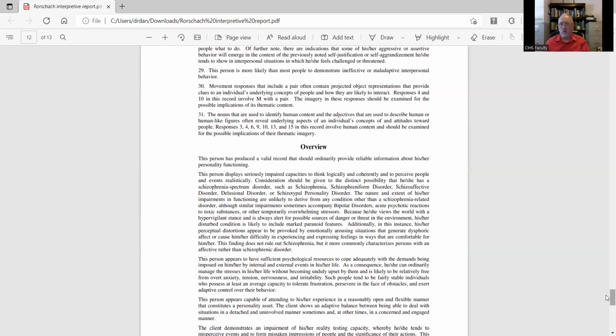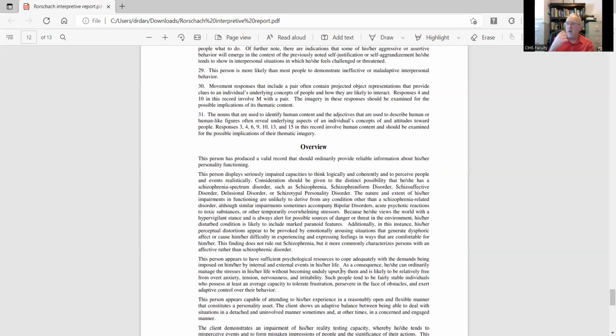I mean, it's true of some people with severe schizophrenia, but very often somebody could have a type of psychotic disorder, but still be able to function in a way that they can come across as flexible, even reasonable in terms of processing new information, but their own beliefs are rather bizarre and unusual. The person appears to have sufficient resources to cope adequately with the demands being imposed on their daily life and able to manage stress. So part of the reason they might have schizophrenia, but people aren't noticing it, is because they're able to manage stress.